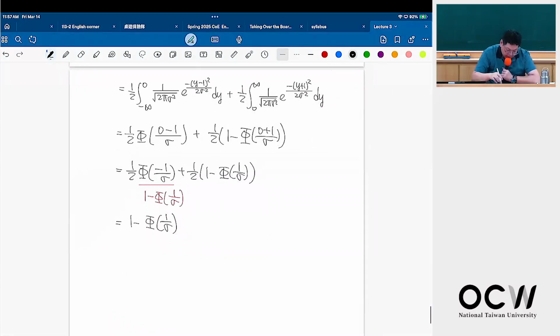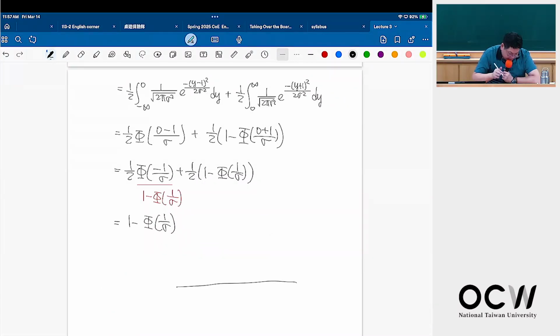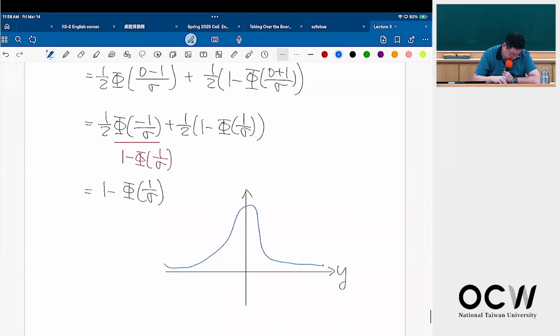Let's plot. X is 1, X is minus 1 here, and also X is 1.